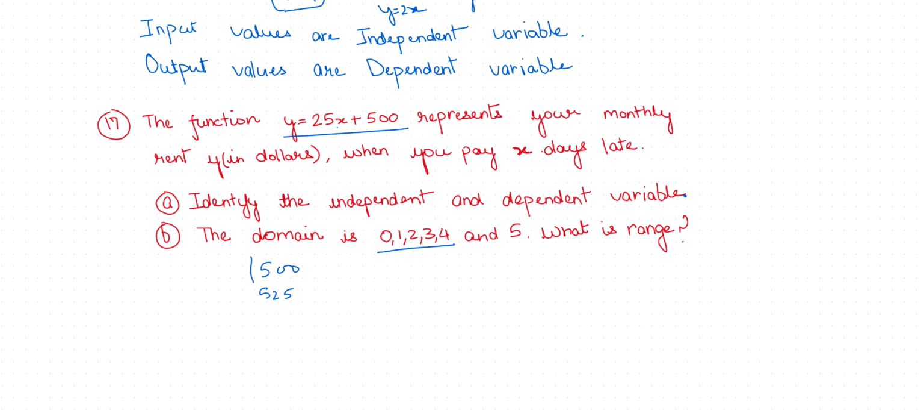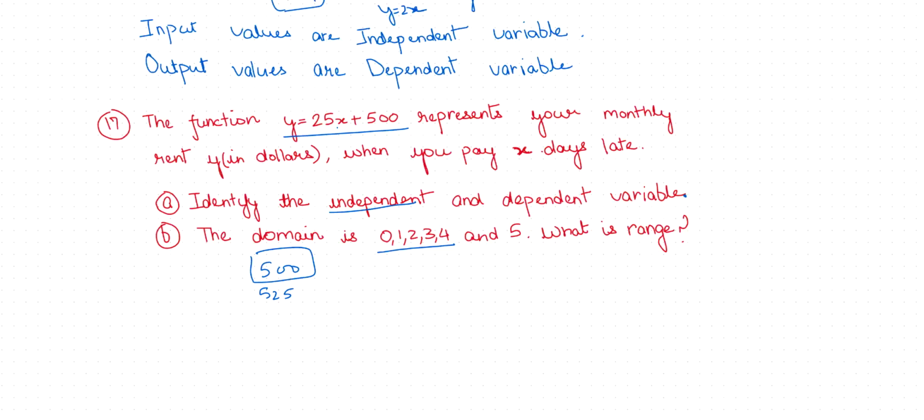So what is the independent and dependent variable here? It depends on how many days you are late, so that is independent. Okay. The amount of your monthly rent y depends on how many days late, which is x, when you pay.